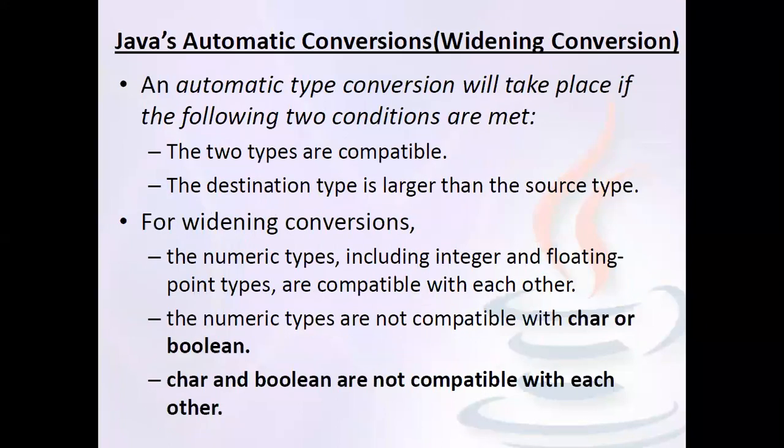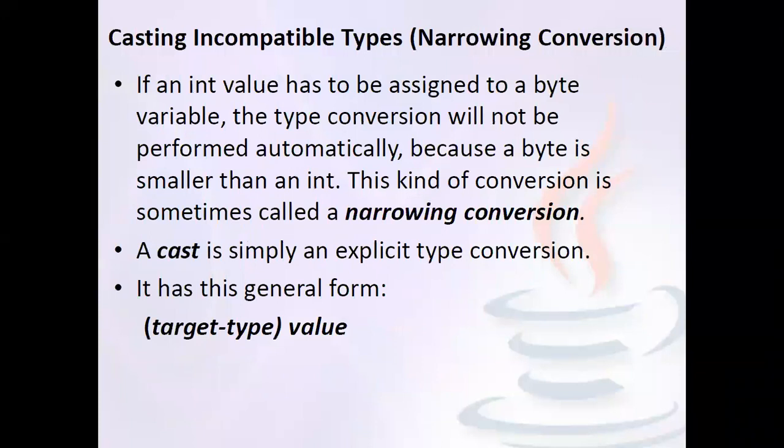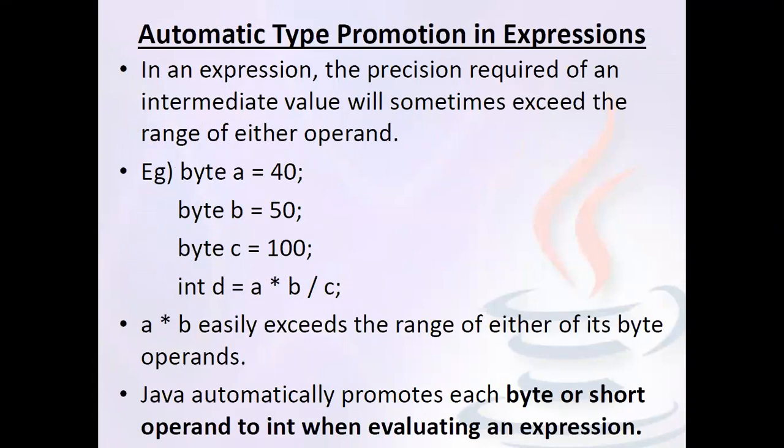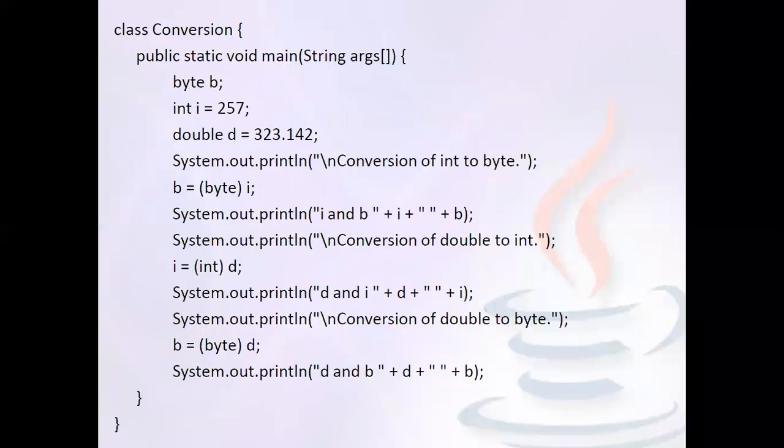That's what we have seen. So basically, automatic conversion is widening conversion, and casting is narrowing conversion. We have seen the example for the same also, and the result of this from the book.